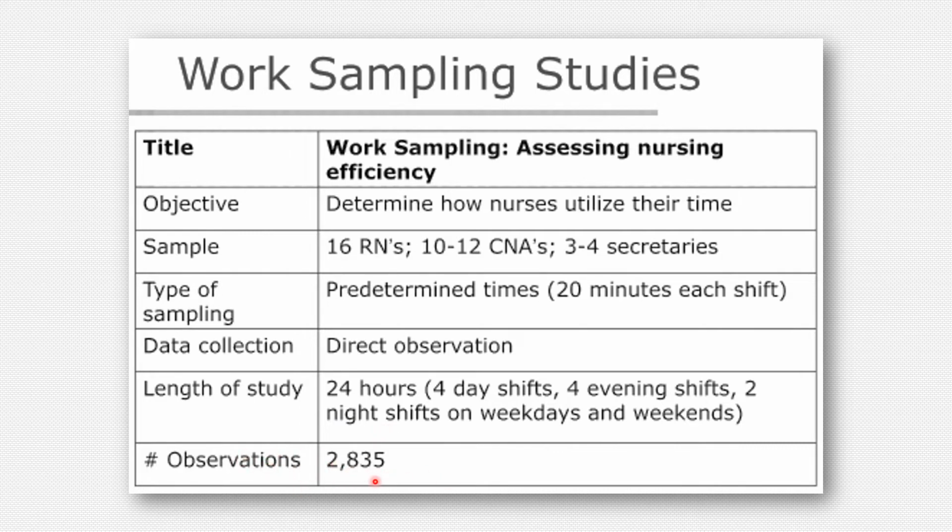So that's a lot, 2,835 observations to determine how nurses utilize their time, okay. So that's a pretty good study that you can come up with a very reliable time standard, because observation is pretty high. And the length of study is pretty good because you're looking at a day, 24 hours.